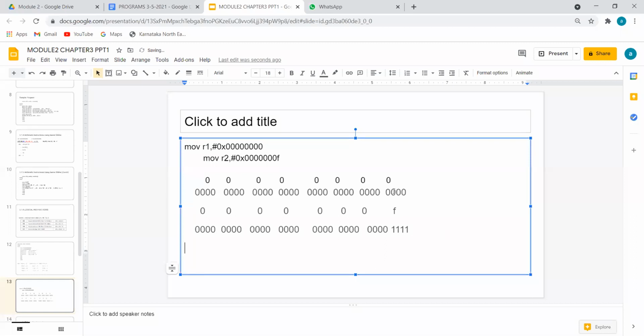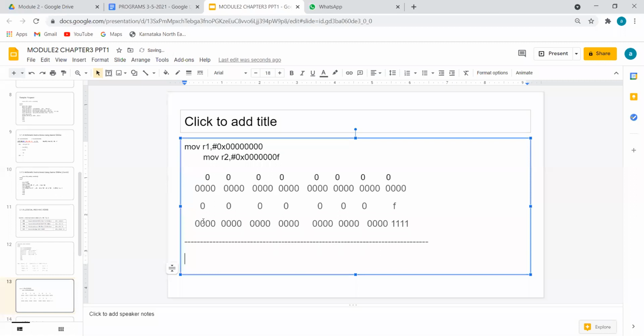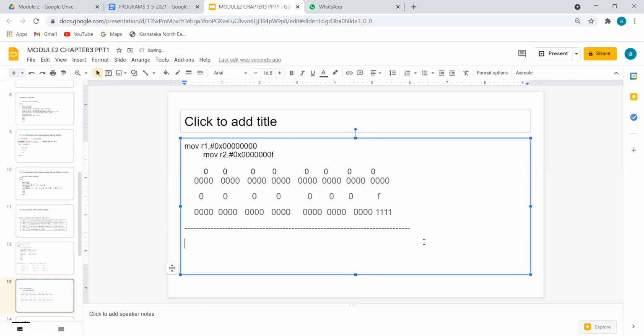So what will be the answer here? What we have to do is bitwise AND. See this, which I have selected with this. Always start from the LSB side. So 0 and 0. What will be the answer here?